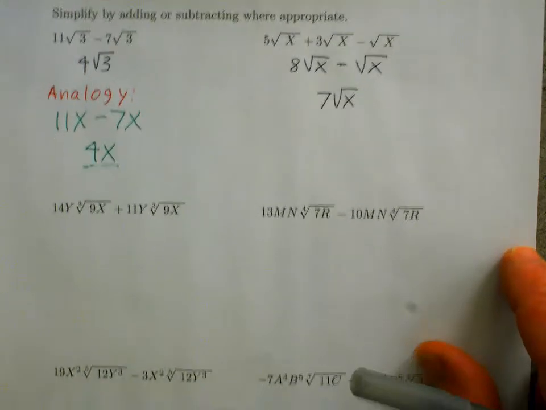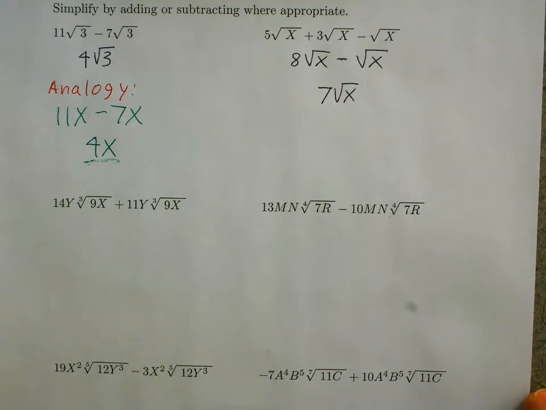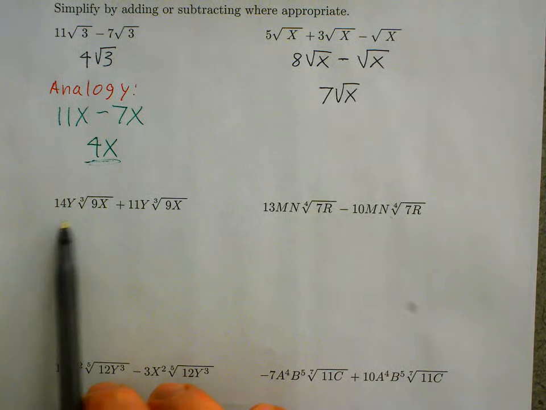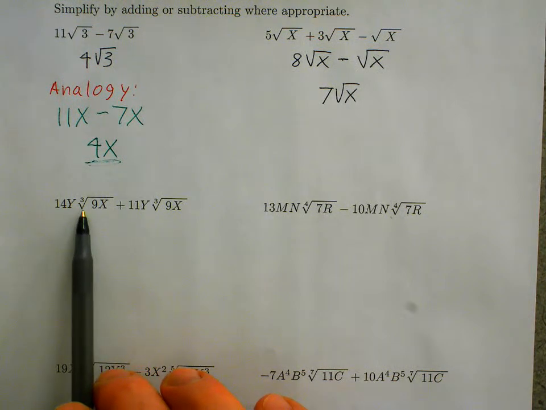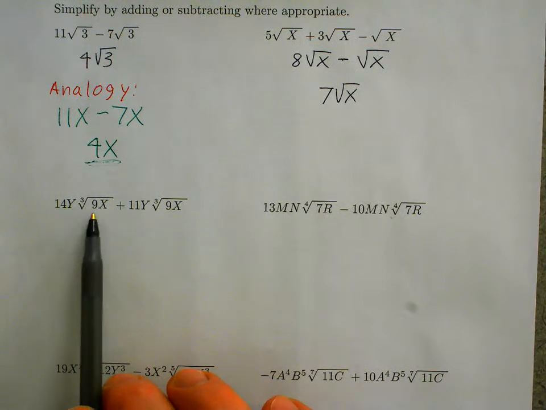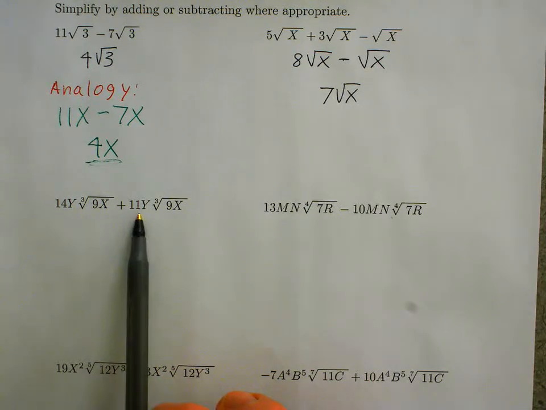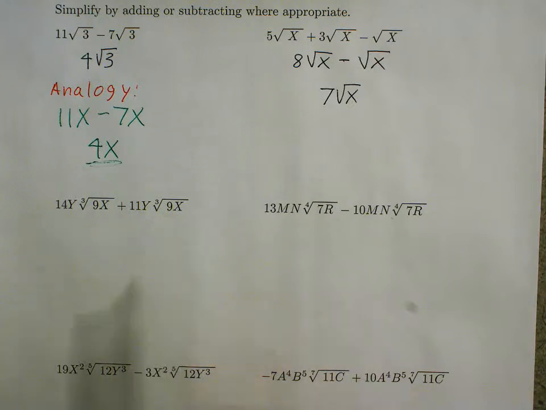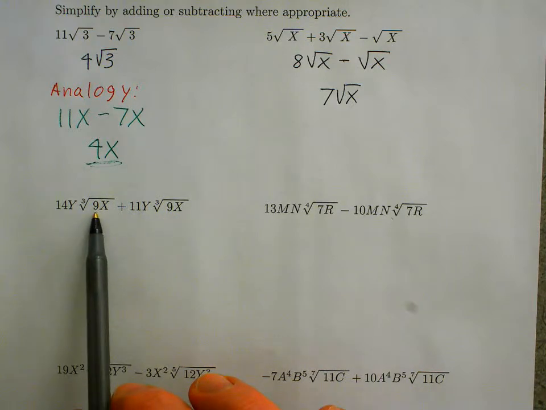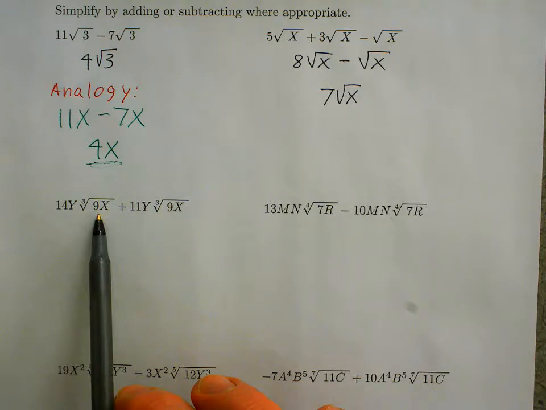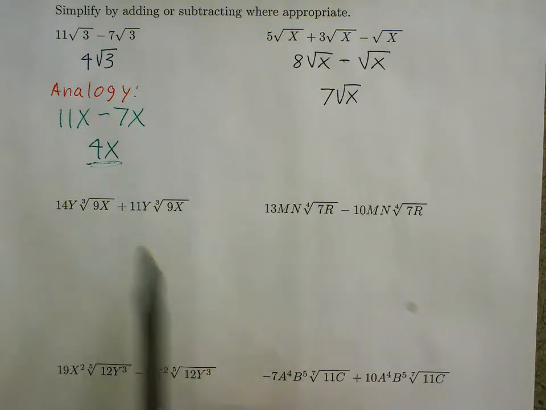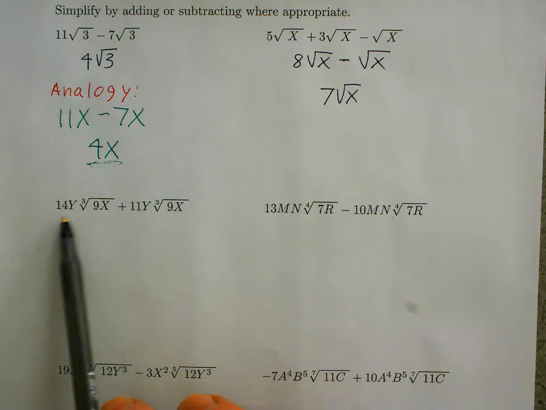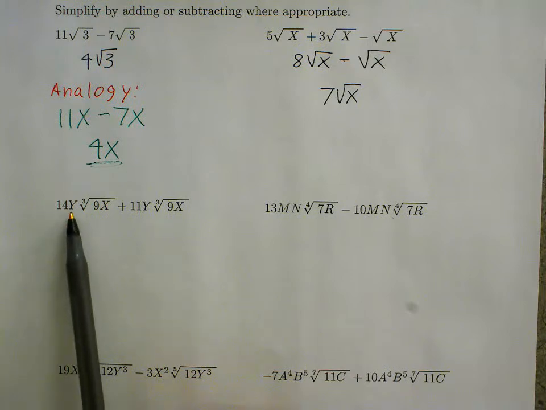Okay, the next example, 14y times the cubed root of 9x plus 11y times the cubed root of 9x. The cubed root of 9x cannot be simplified further, and the two terms that we are adding have the same variable parts.